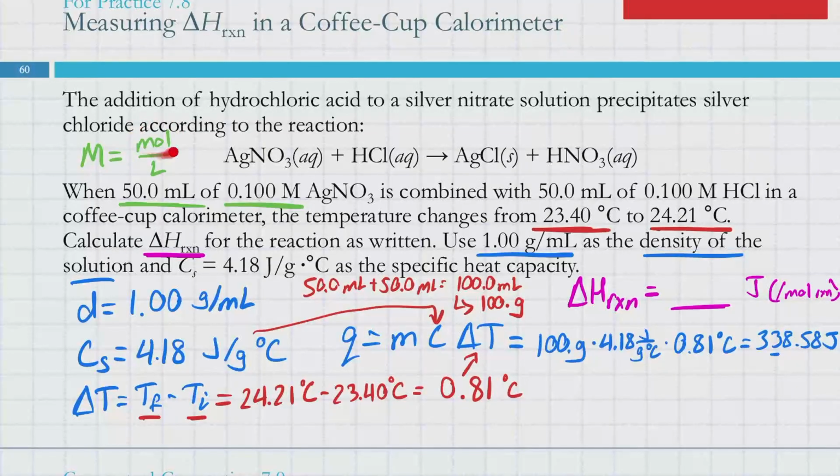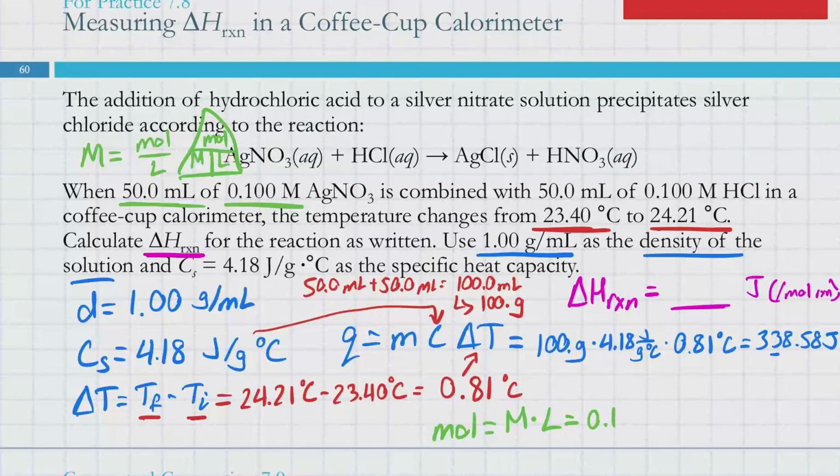So we can calculate moles using this equation. Moles is going to be equal to molarity times liters. You could also use the triangle thing, that little shortcut that I've showed you before. It also works for density. So moles is molarity times liters.